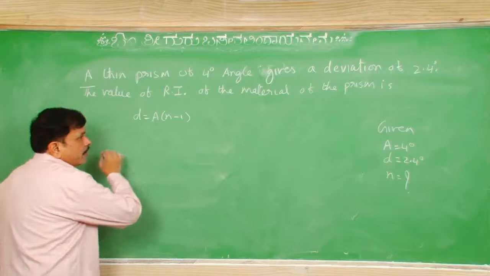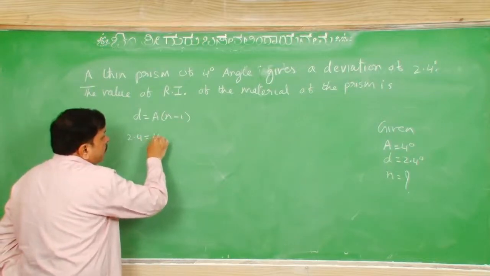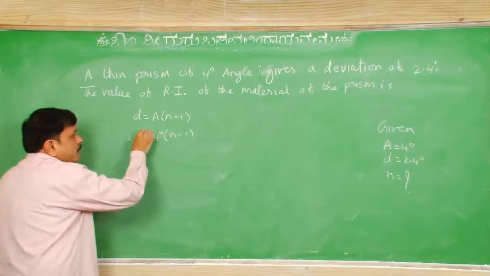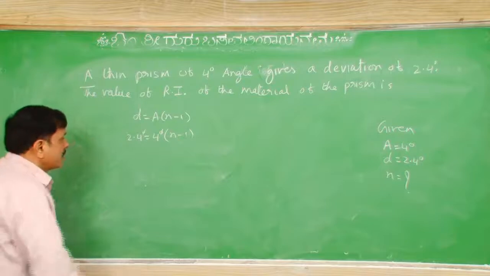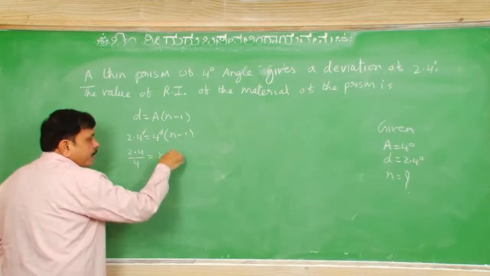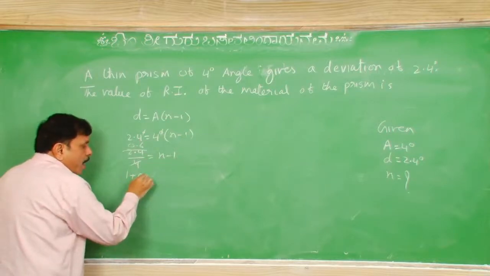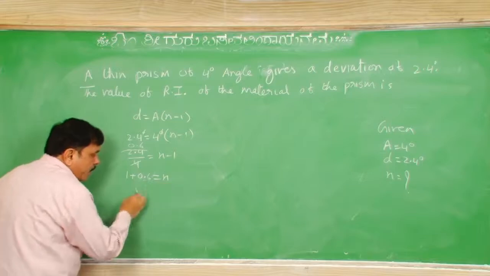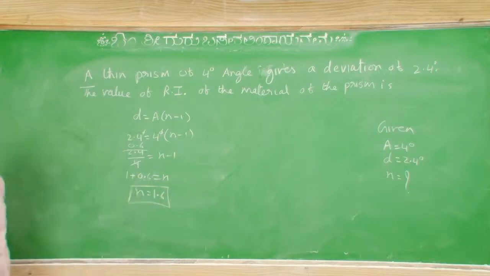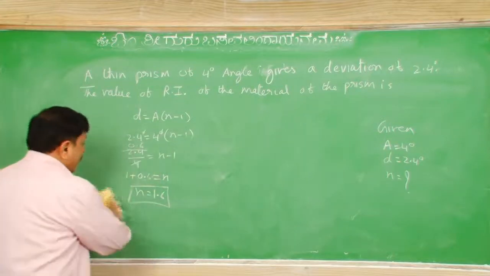Now we know D is 2.4, A is 4 degree, and degree cancels. 2.4 divided by 4 equal to N minus 1. We get 0.6, so N equal to 1 plus 0.6, that is 1.6. This will be the answer. Now coming to the next one.